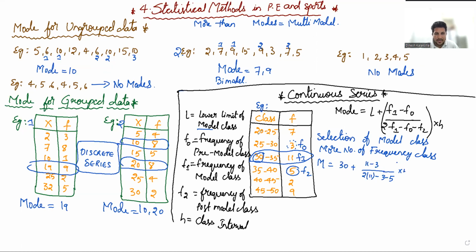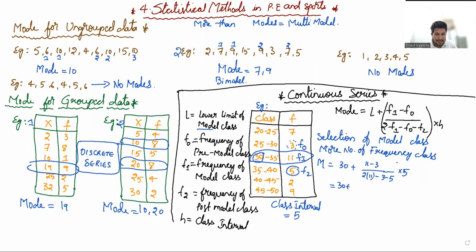So what is the class interval? 20 to 25, so the class interval is nothing but 5, because there is a gap of 5 in between. So that is the equation.